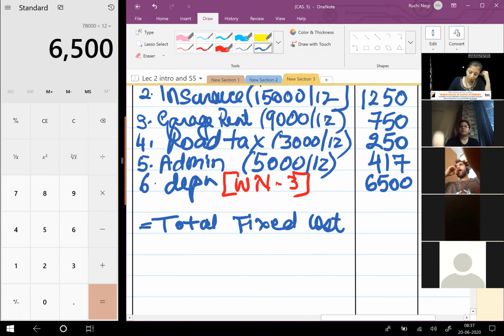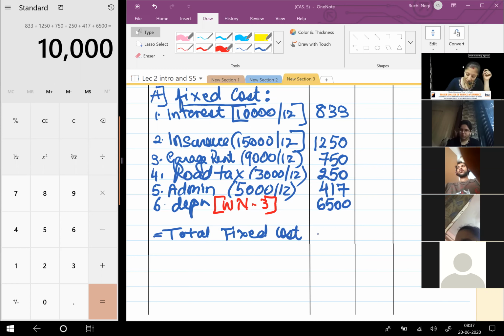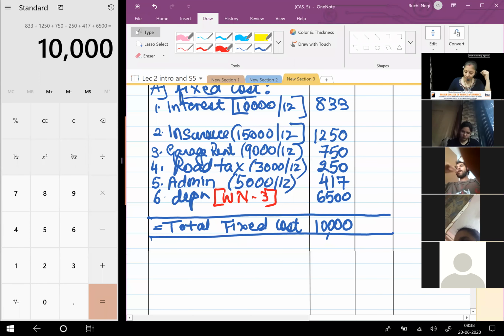Total the figures: 833 plus 1250 plus 750 plus 250 plus 417 plus 6,500. The answer is 10,000. Write it down here.